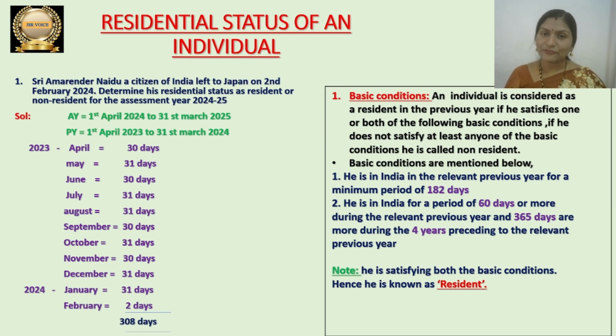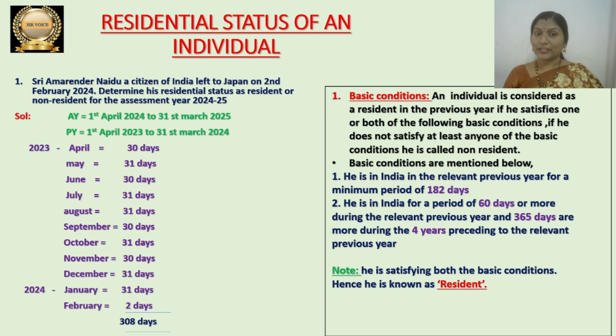After December 2023, the next month is January 2024. In January, he stayed 31 days in India. He did not go anywhere. And next after that, the next month is February 2024.